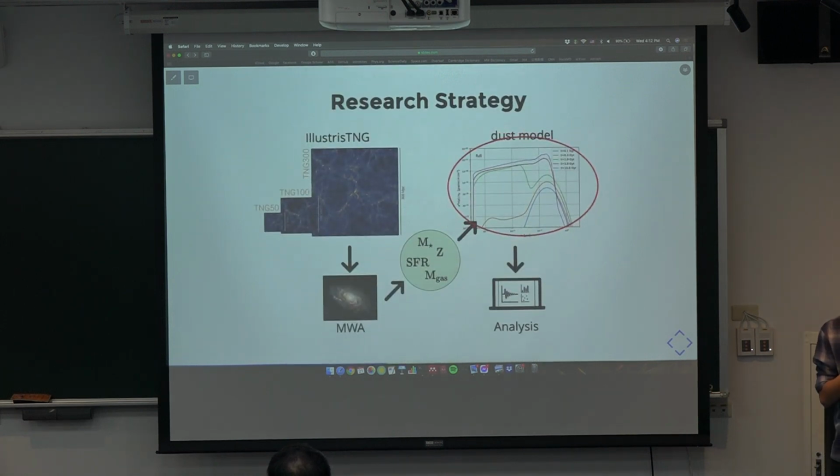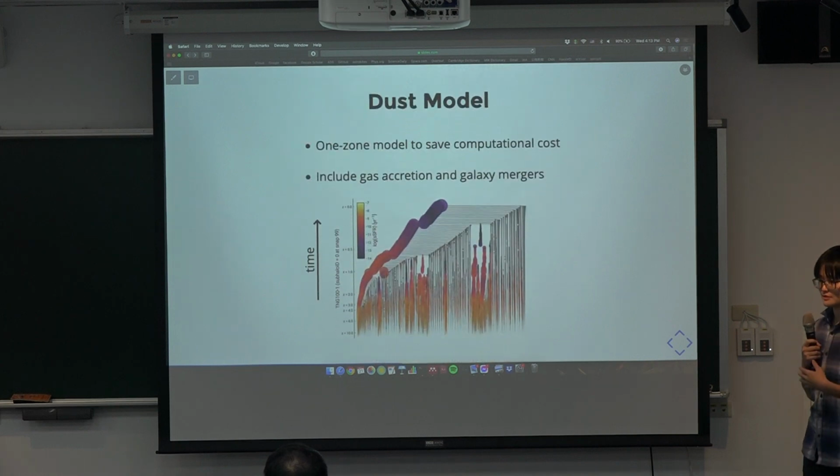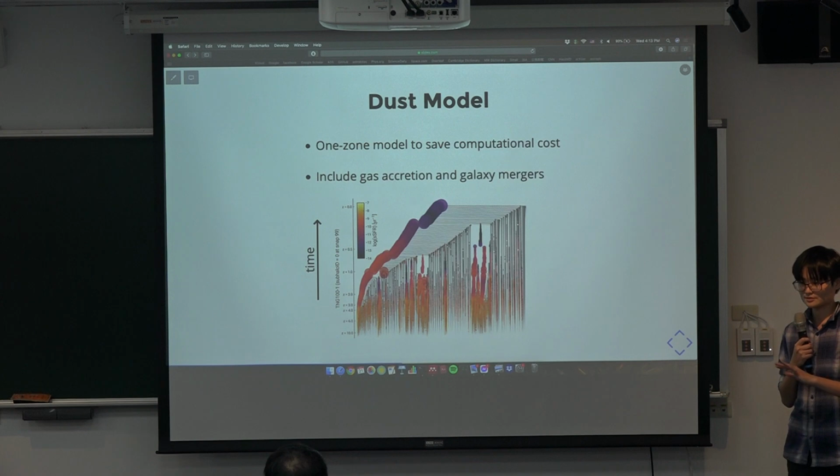Okay, so after I have the sample, I extract the stellar mass, metallicity, star formation rate, gas mass, all these quantities from the IllustrisTNG simulation, and then put them into my dust model. So let me briefly talk about some specialty of my model. My model is a one-zone model. That is, I average out all the information of single galaxies. The advantage of doing this is that I can cut down the computation time significantly.